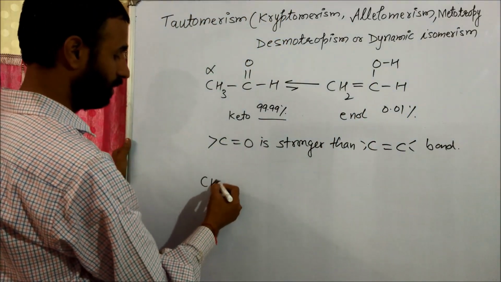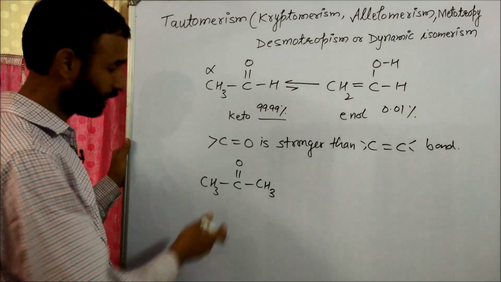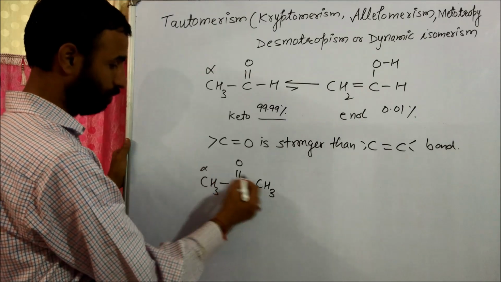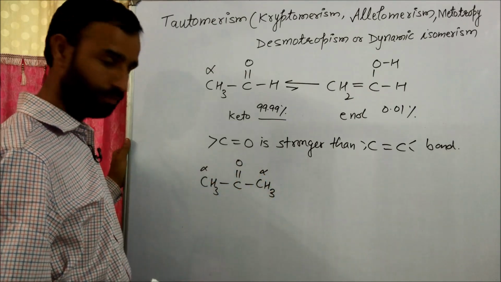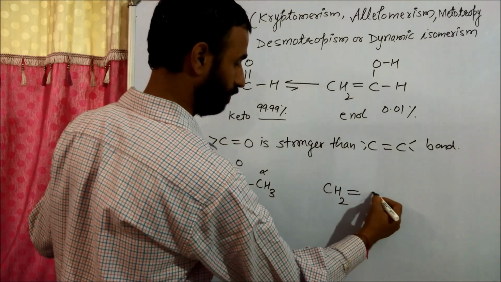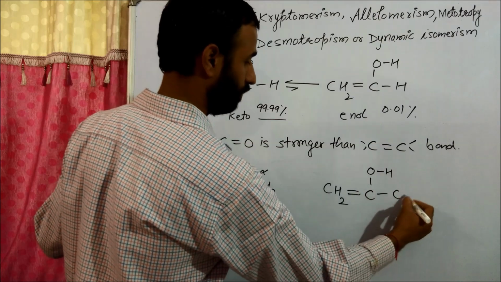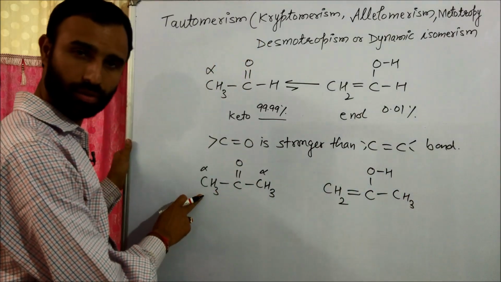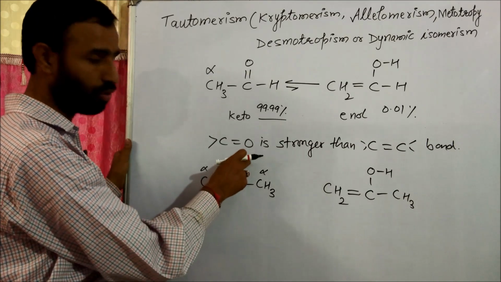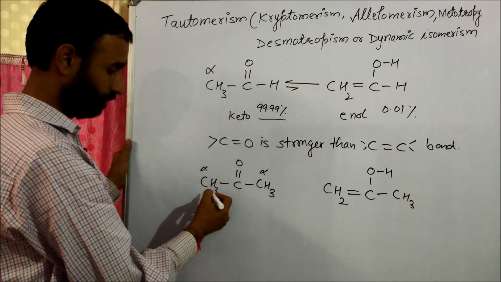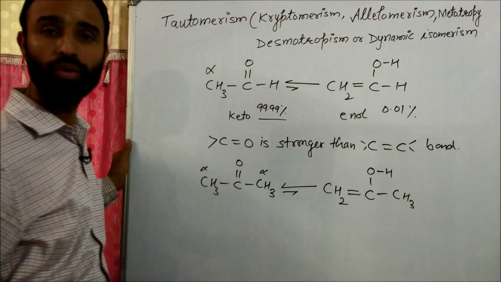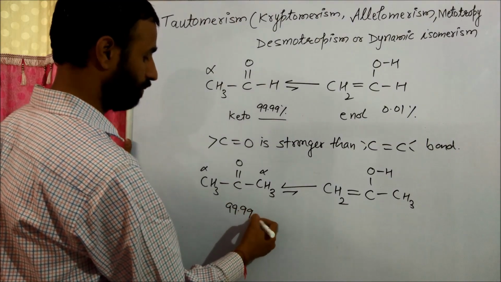Same is the case with acetone. Again keto form. What is its enol form? See, both sides we have alpha hydrogens. So one of the alpha hydrogens migrates from the carbon on this side to oxygen, and the equilibrium largely lies to keto. It is again around 99.9%.